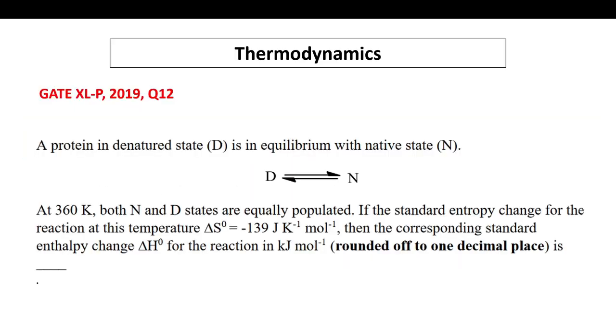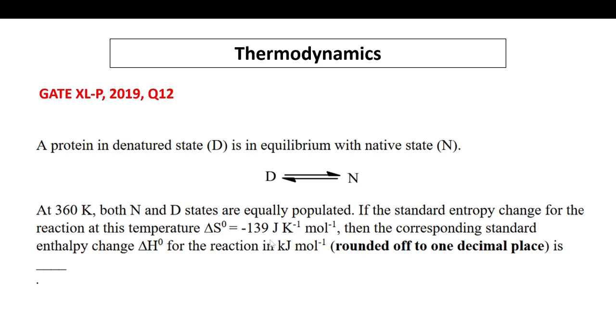So one thing you should remember: in this kind of question, it is very important to look at the unit in which the answer is being asked. If it is in joule per mole, your answer should be in joule per mole. If it is kilojoule per mole, then you have to convert. If you find your answer in joule per mole, you need to convert it into kilojoule per mole, then write the answer. And it has also been written that it should be rounded off to 1 decimal place.